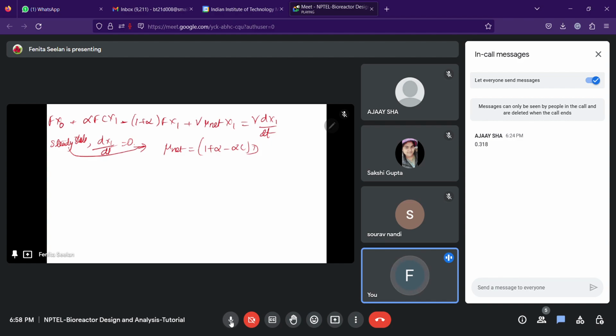This mu net is needed for you to calculate your substrate concentration in your X stream, which is the recycle stream. So first we will calculate the mu net, then substitute this mu net in the formula, right?